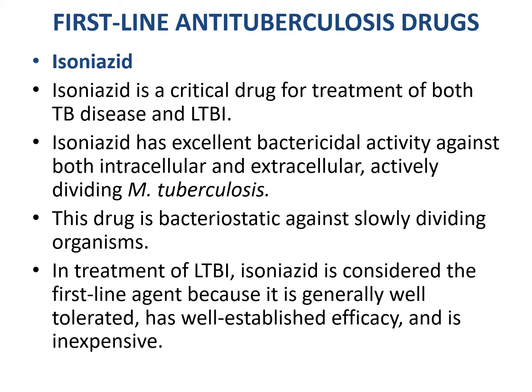This drug is bacteriostatic against slowly dividing organisms. In treatment of latent TB, isoniazid is considered the first-line agent because it's generally well tolerated, has well-established efficacy, and it's inexpensive.